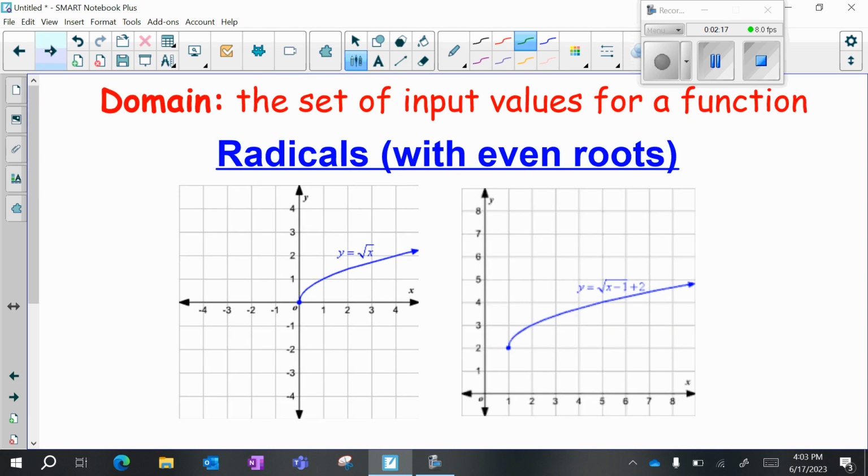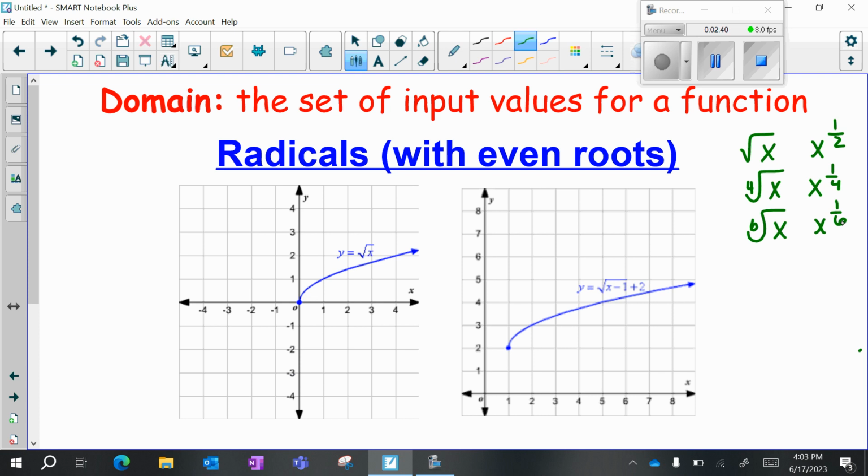So radicals with even roots. For example, the square root, the fourth root, the sixth root, all of those. Remember, these are also equivalent to rational exponents. So if you see any of these as a function, they have the same features because they are equivalent to radicals.